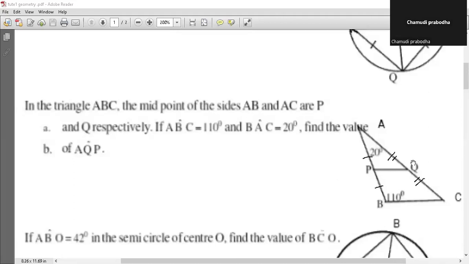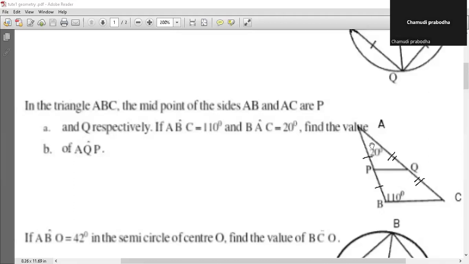So look at the problem. The straight line joining the midpoints of two sides of a triangle is parallel to the other side, and the magnitude of the newly drawn straight line is half of the other side.